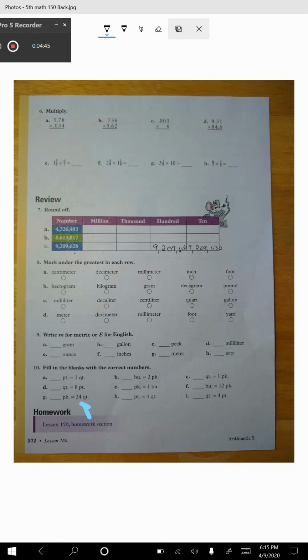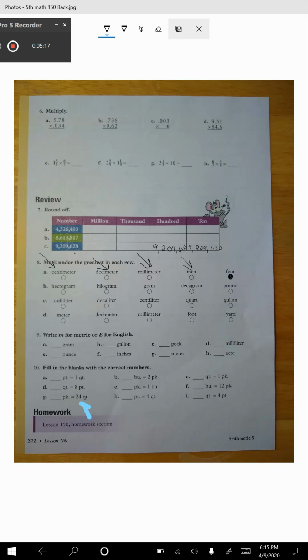If you remember from your ruler, the centimeter was the smallest, right? And then 10 of these made a decimeter. A millimeter was even smaller than a centimeter. So these guys are all really, really small. A decimeter is more than an inch, but it's still really small. So on this one, a foot would definitely be the bigger measurement.